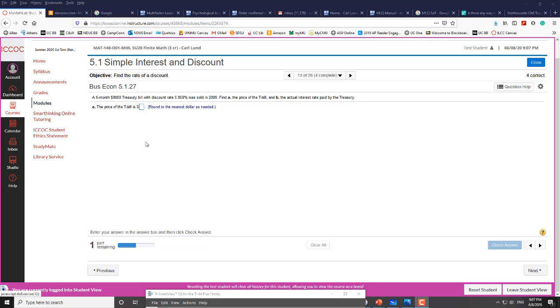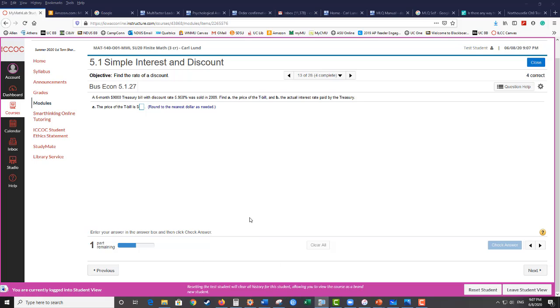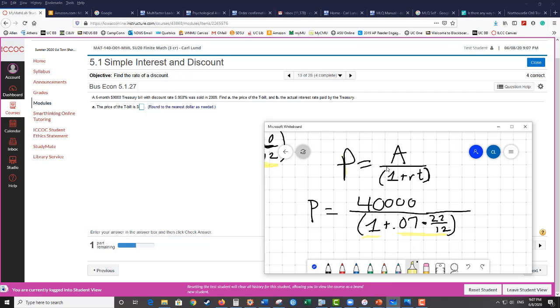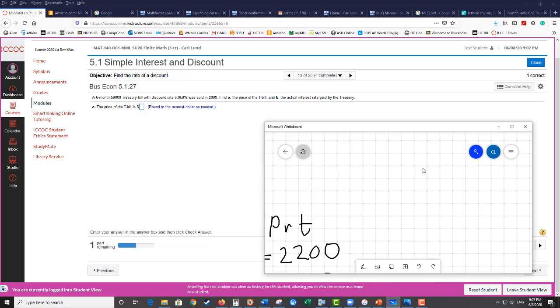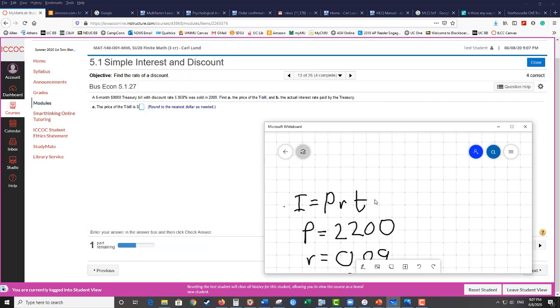So the price of the treasury bill is going to be $9,000 minus the discount. And the discount is just another way of saying simple interest formula. And so, in other words, we're going back to this basic formula here.